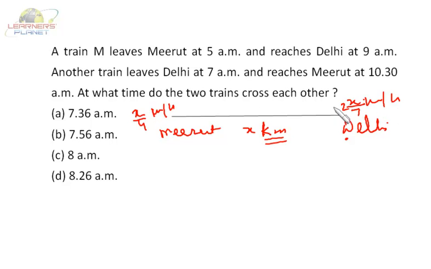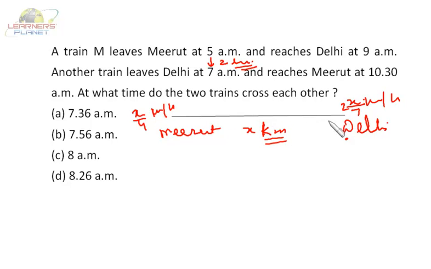Now friends, this train is covering the entire distance in 4 hours. It is starting at 5 a.m. and reaching at 9 a.m. That means before the other train starts, with the 2 hours gap, this might have covered half the distance.